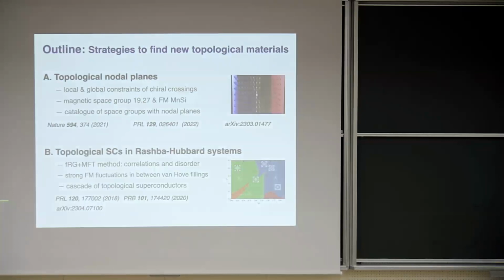And then in the second part, I will be talking about superconductors. As I said, these topological concepts can also be applied to superconductors. I want to introduce a new numerical method, which is based on a functional renormalization group combined with a real space mean field theory, which will allow us to study model systems close to Van Hove singularities, where we can expect superconducting states with large transition temperatures.